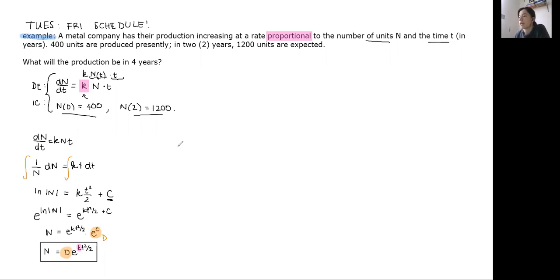So n of 0 is equal to 400, right? So 400 is the value of the production at the present time. So after 0 years, the production is equal to 400. But also I know that the production is given by a function of this form, right?